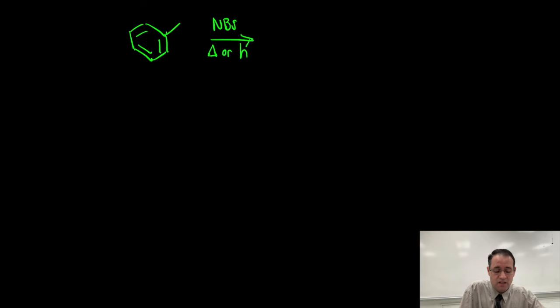Light is abbreviated h nu. What you'll form here is something called benzyl bromide. Okay, and what you're effectively doing is substituting one of these hydrogens for a bromine, and that's called a radical halogenation or a radical bromination reaction.